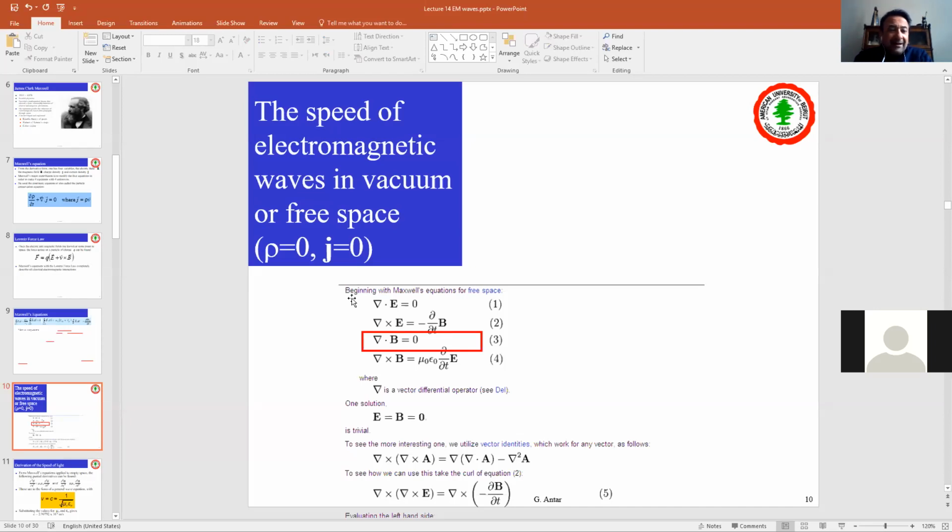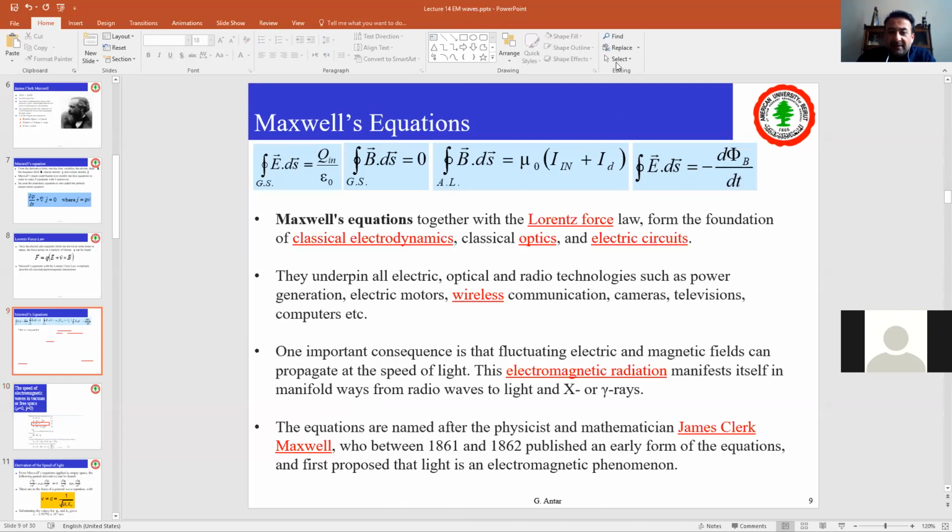Now let's go to our friend Mr. Ampere. What did we say with Ampere? In this case, once again, we have light going in one direction. I don't have current, I don't have electrons flowing. So I'm going to use dq over dt equal to d phi E over dt, the displacement current I_d. I_n is equal to 0, and the displacement current is different from 0 because I have a time variation of my electric field.